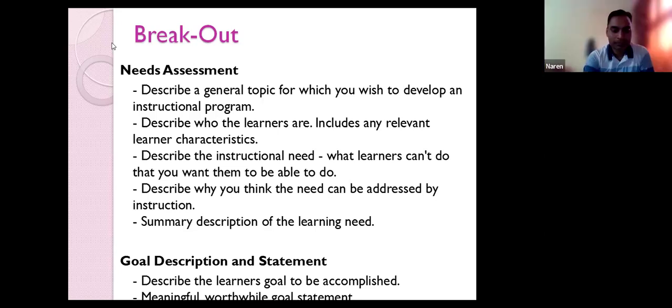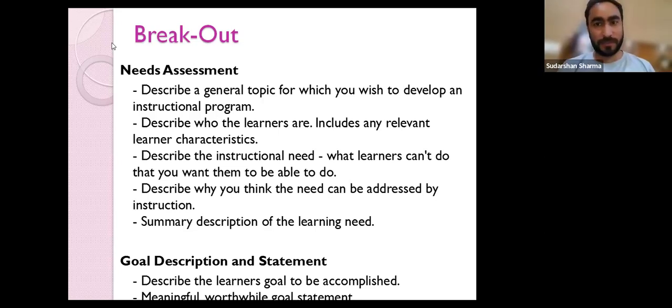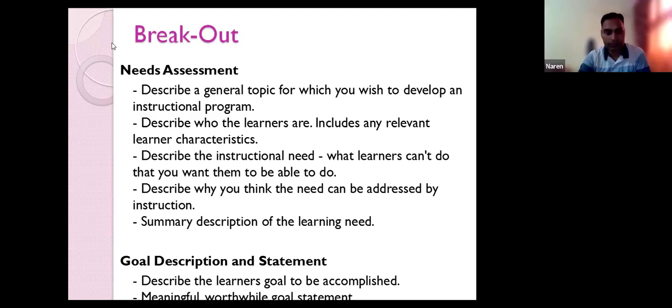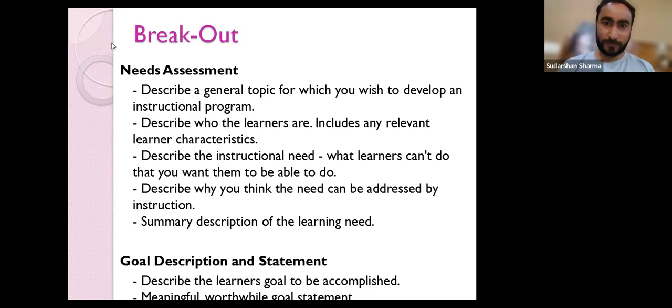The topic on which we will design an instructional program will be crafting connections, the art of effective communication. Okay, so this will be the topic, and who will be the learners for us, and include any relevant characteristics.